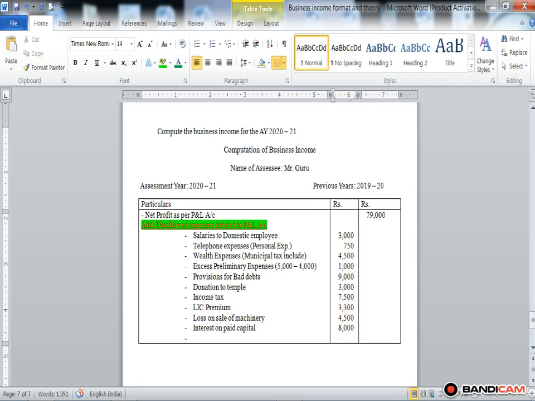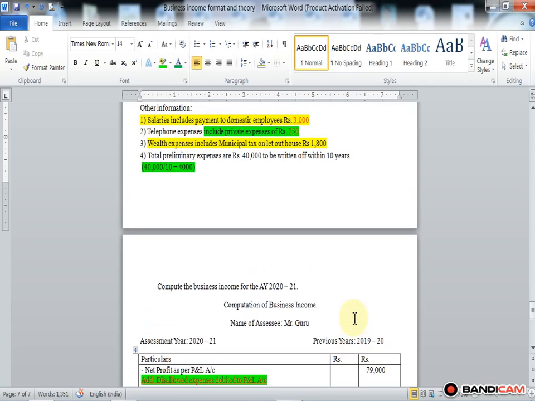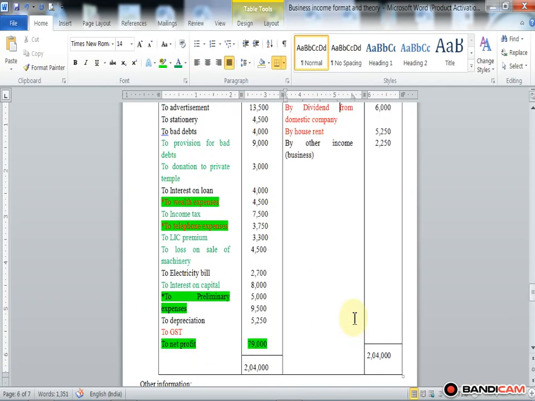Then GST. Okay, GST is given, that is 5,250, depreciation 9,500.